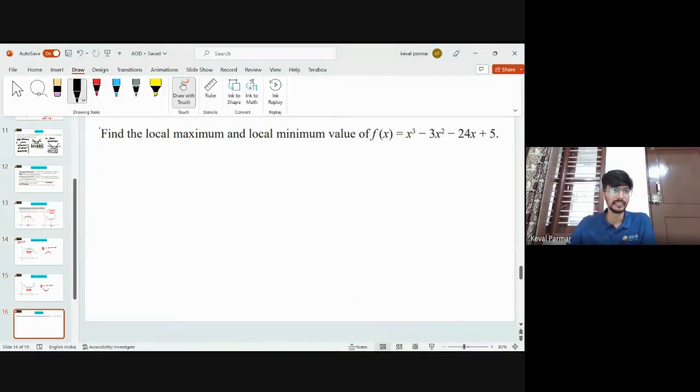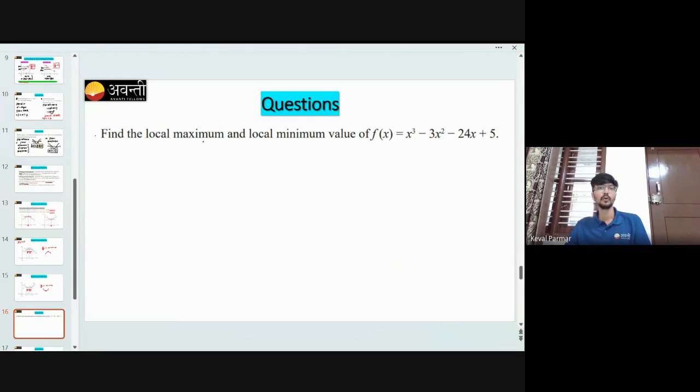So here they are asking, find the local maximum and local minimum. What is meant by local maximum and local minimum? Same, maxima and minima. If we use the second derivative test, we have to first find the stationary points.